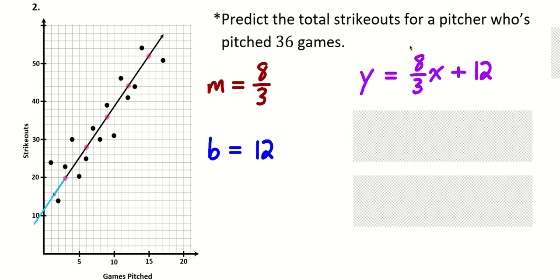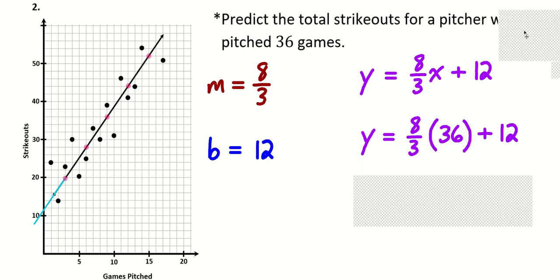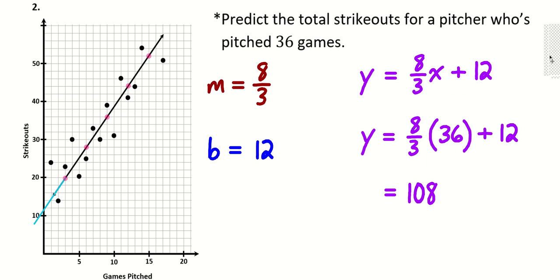Because if we're trying to figure out what our strikeouts are going to be for 36 games, we can just plug in 36 for X and then do this math. Even with a calculator, 8/3 times 36 plus 12 equals 108. So that's the answer, even though this graph, you can argue, doesn't make 100% sense. The answer is about 108 strikeouts.